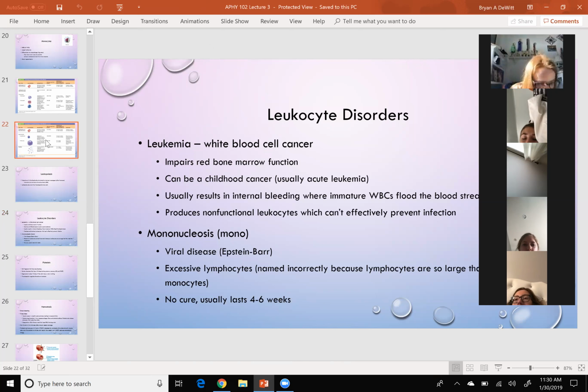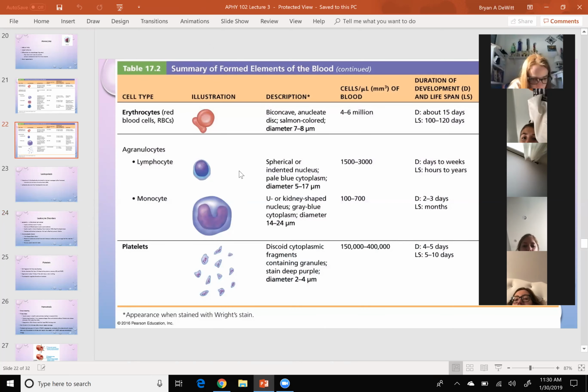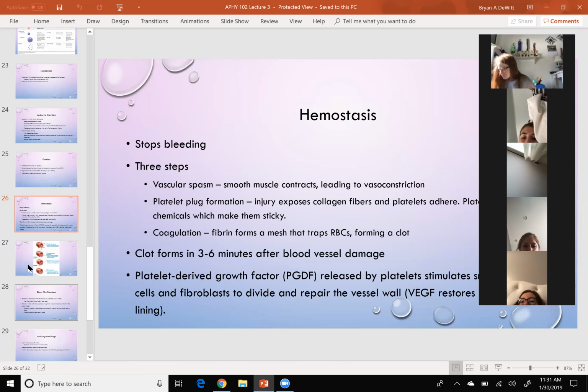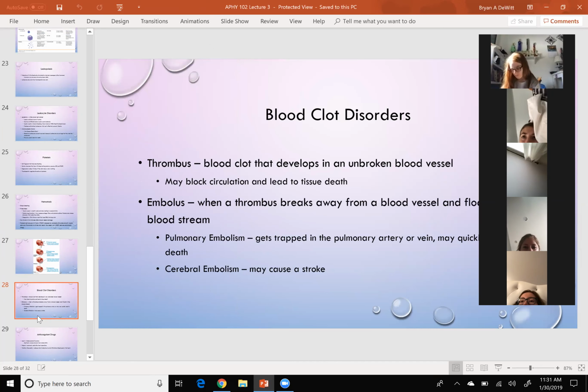To give you a comparison, monocytes are much bigger than lymphocytes. When this was first diagnosed, the doctors looked underneath the microscope and they saw cells that looked like monocytes, but they were just really big lymphocytes that were infected. So mono is highly contagious.